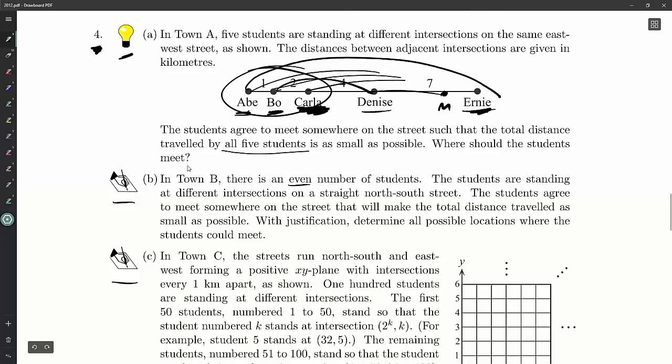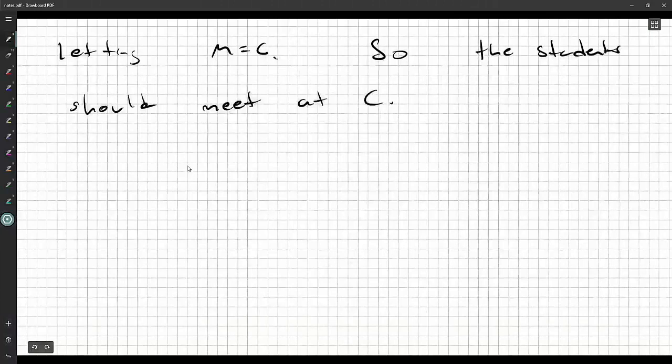The students agree to meet somewhere on the street that will make the total distance traveled as small as possible. With justification, determine all possible locations where the students could meet. We want minimum distance. Okay. So it's a north-south street.